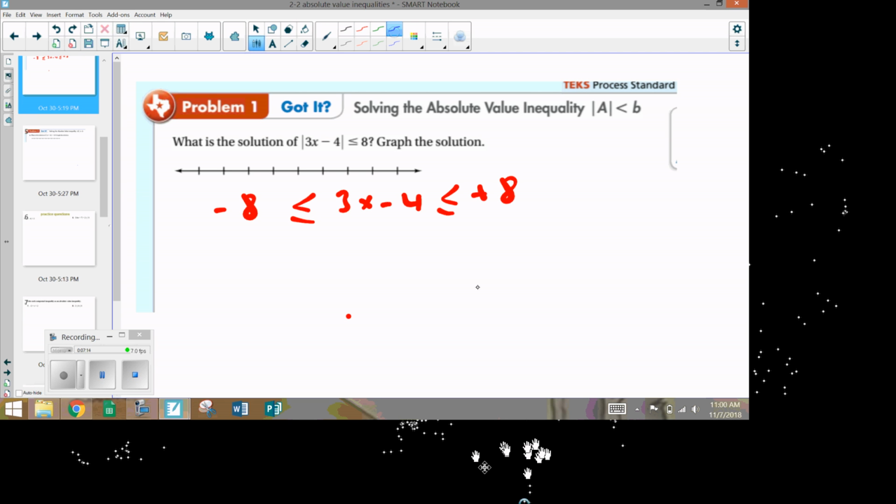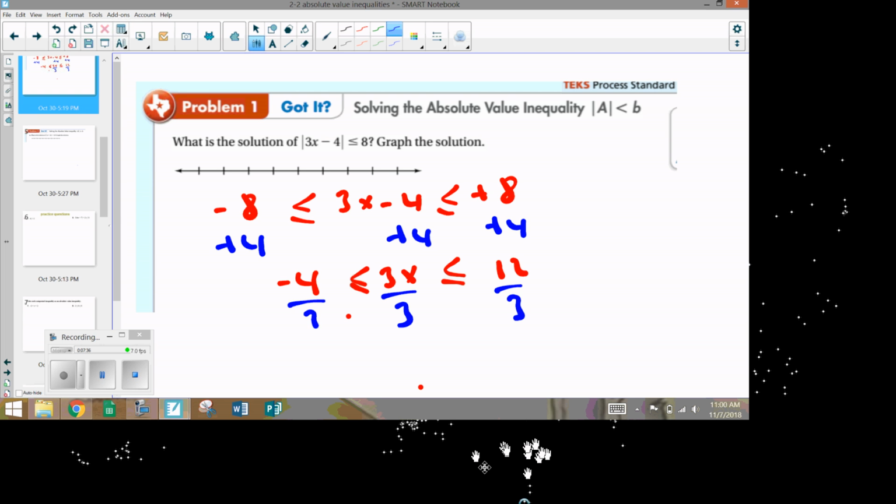I'm going to add 4, then 3x, drop the signs down, 12, negative 4. So 3 times x. The inverse operation of multiplication is division. Divide everywhere by 3.